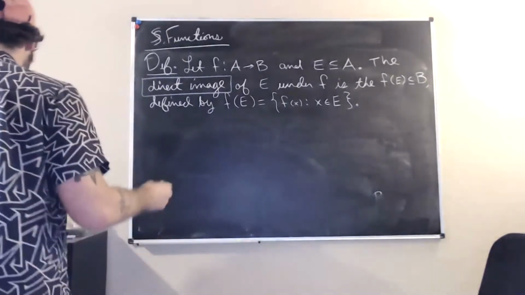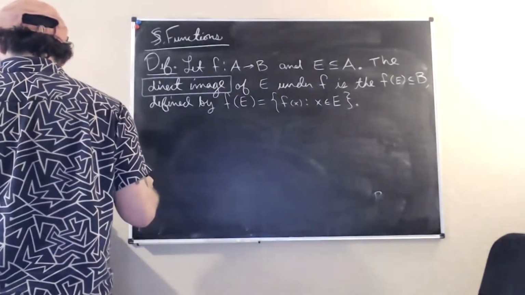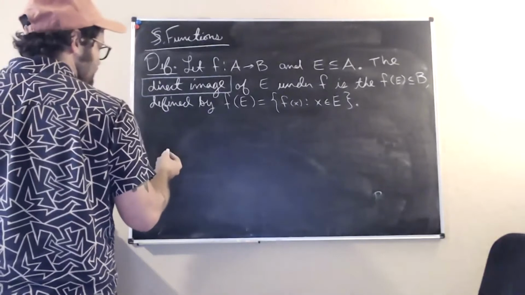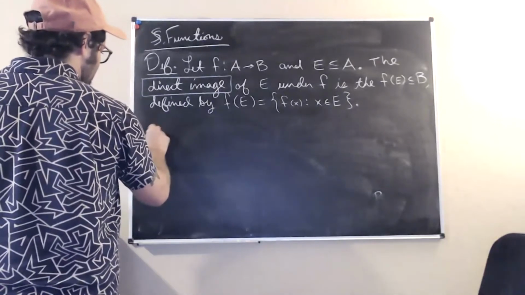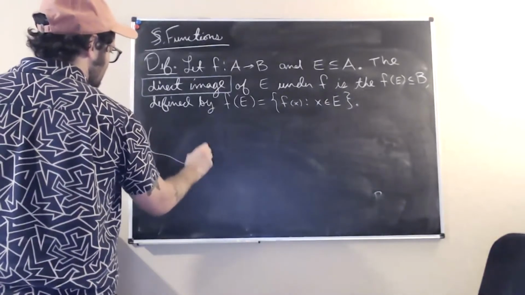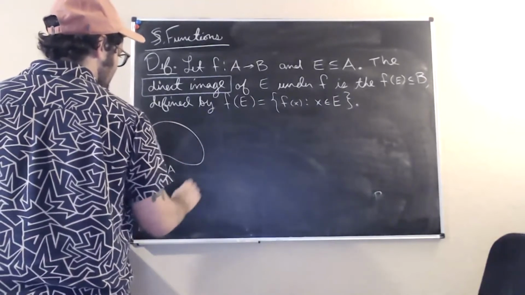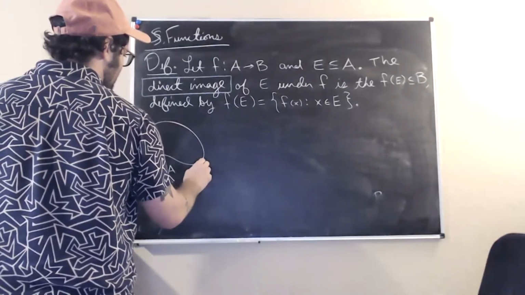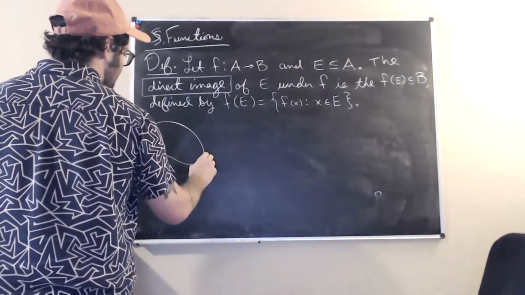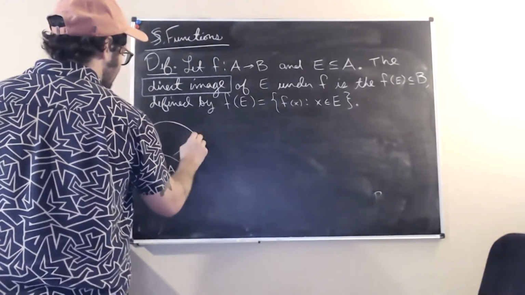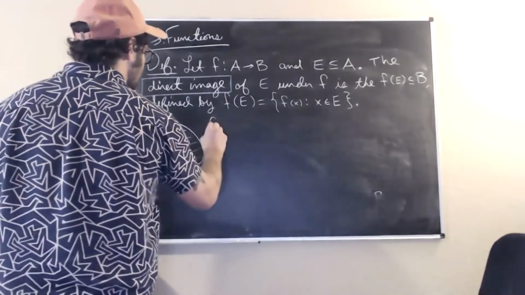Okay, so maybe I'll draw a picture. So this is A, and everything in A is going to be mapped over here to B somewhere.